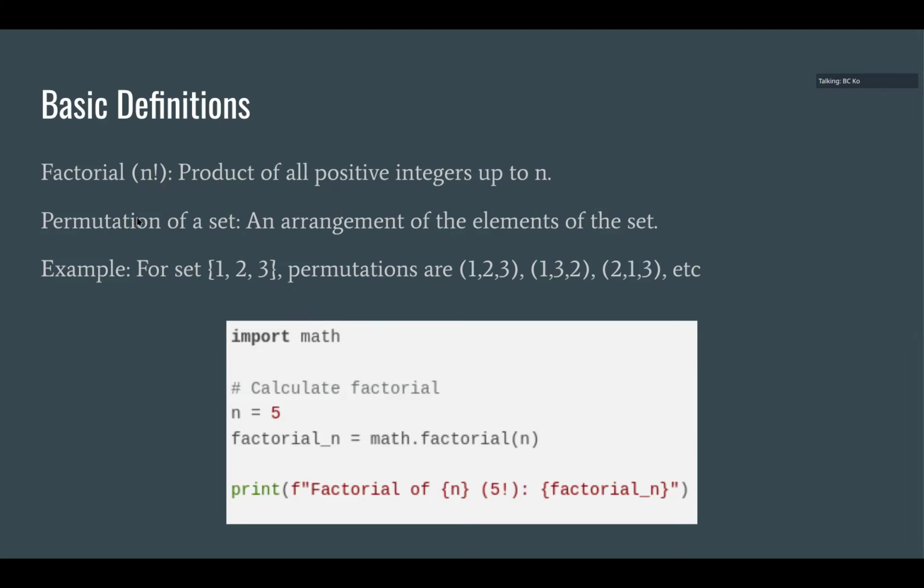A permutation of a set is simply an arrangement of the elements of that set. So for example, if we have a set containing the elements 1, 2, and 3, the permutations are the different ways we can arrange these 3 elements, such as 1, 2, 3, 1, 3, 2, 2, 1, 3, and so on.